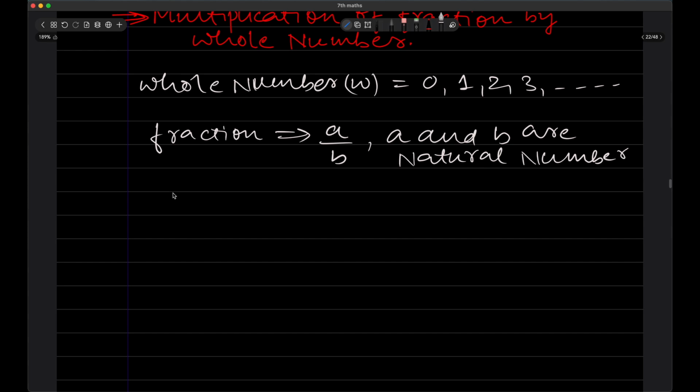So for multiplication of a whole number W into a fraction A divided by B, we multiply the numerator and keep the denominator as it is.